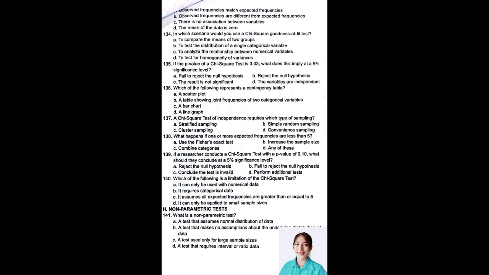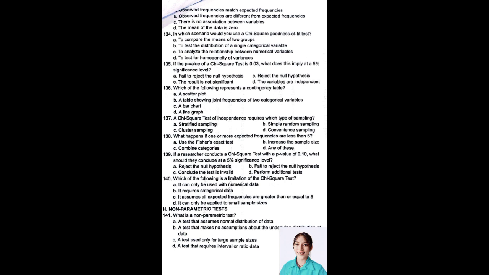Then we have 136. Which of the following represents a contingency table? So it represents a table showing joint frequencies of two categorical variables. So that's in option B. Then we have 137. A chi-square test for independence requires which type of sampling? So it requires simple random sampling.